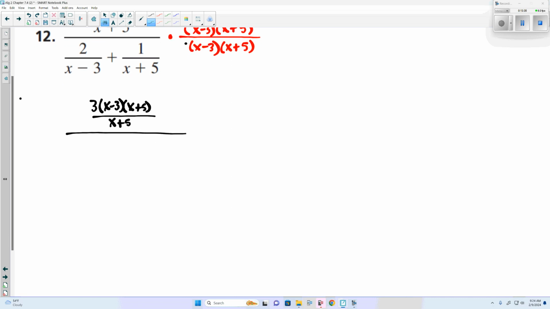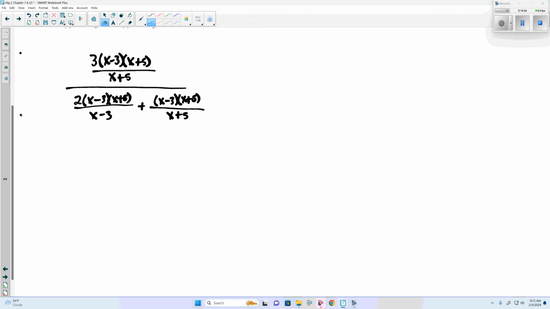The denominator, x minus 3 times x plus 5, will be multiplied with our 2. 2 times x minus 3 times x plus 5 over x minus 3 plus x minus 3 times x plus 5 being multiplied with our 1 times x over x plus 5.